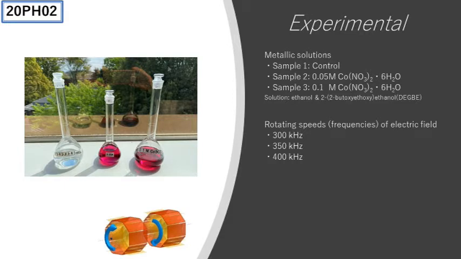Here shows the experimental conditions. Three different samples are prepared. One is a control sample, which is a mixture of ethanol and DEGBE, and second, 0.05 molar cobalt nitrate hydrate. Third, 0.1 molar cobalt nitrate hydrate. The rotating frequency of the electric field is defined as 300, 350, and 400 kHz each.